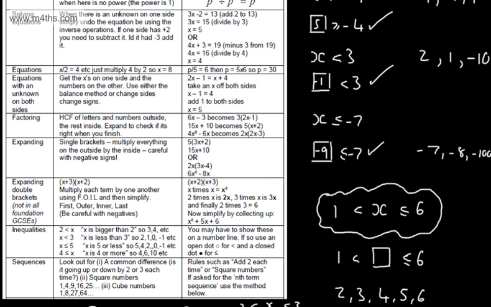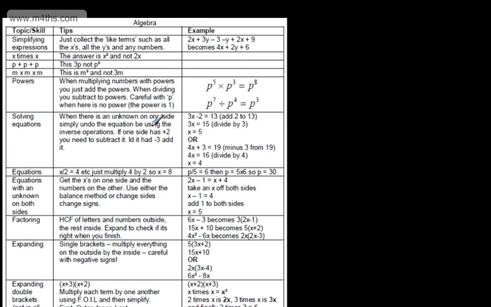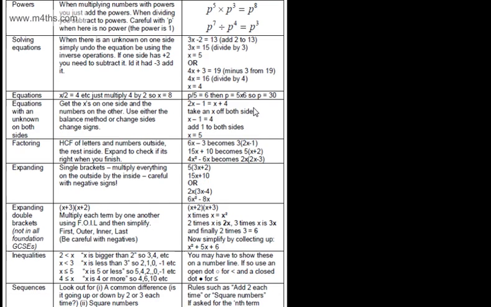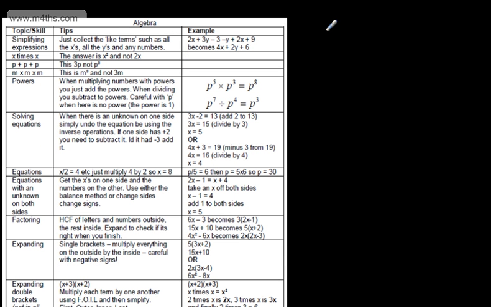Let's move on to sequences. Now, when we're looking at sequences, the first thing to do is look out for obvious sequences. So if I started with this particular sequence, 1, 4, 9, 16, 25, and we were asked to find the next 2 terms, we should be spotting these are the square numbers.